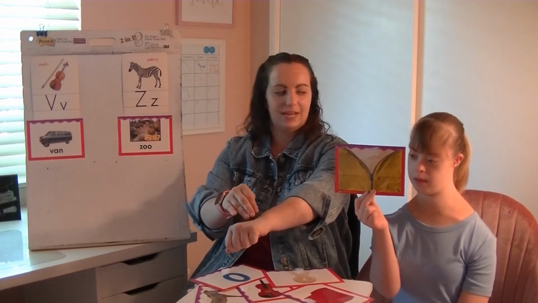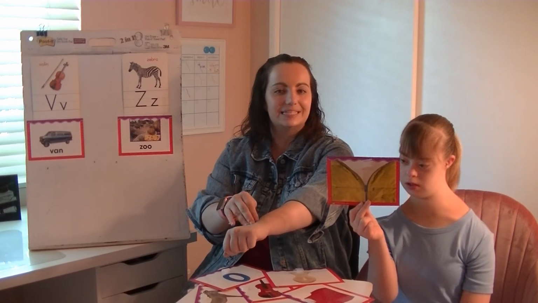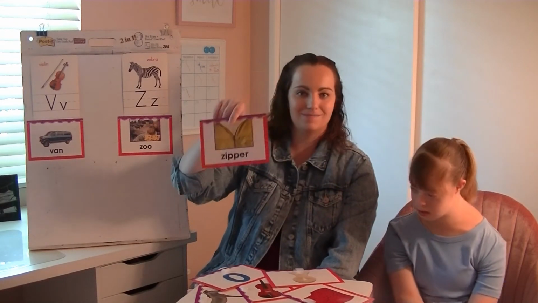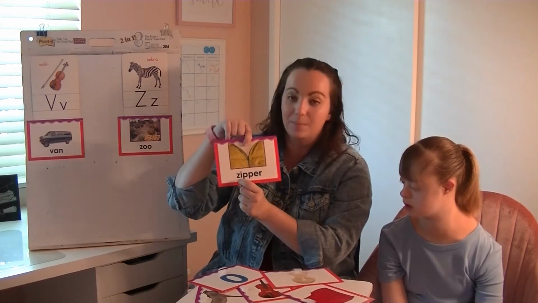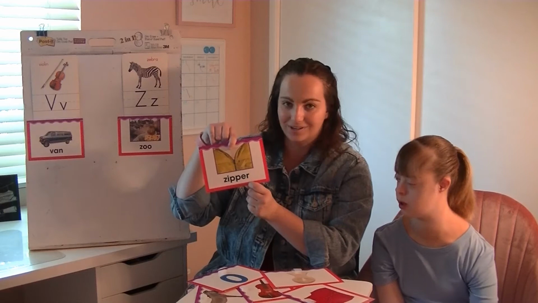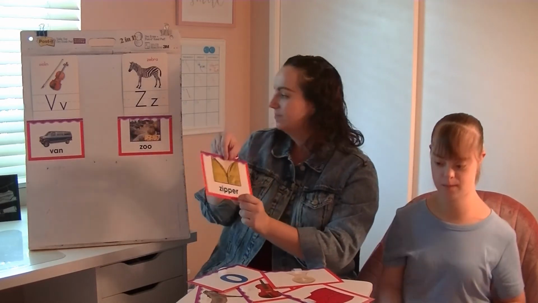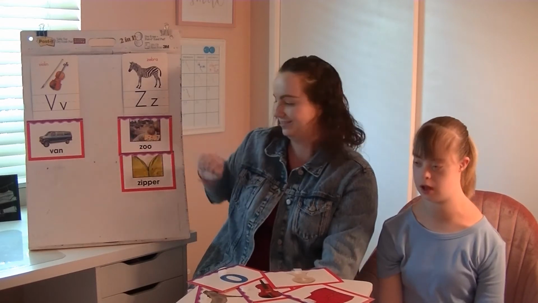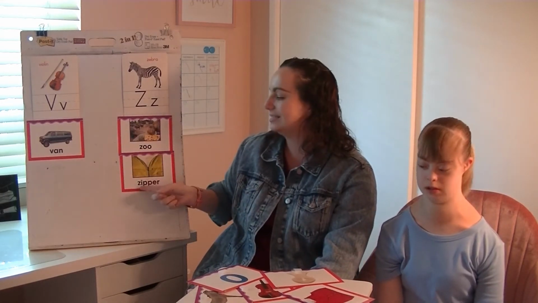What's that first sound? Z, zipper. We turn it around. There's the letter Z, making the Z sound for zipper. So we're going to put zipper under zoo and sound Z. Nice job. Okay, what's our next one?